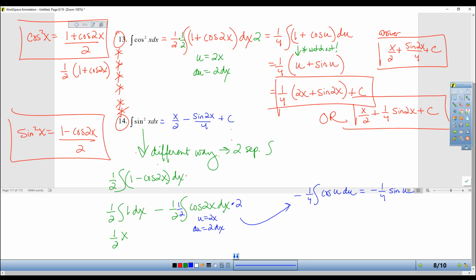And then I can put my answer back, minus 1/4 sine of 2x plus c. That's where that comes from. So two separate integrals is another way, which honestly, whichever way makes the most sense to you. But 13 and 14 are traditionally considered very, very challenging problems.